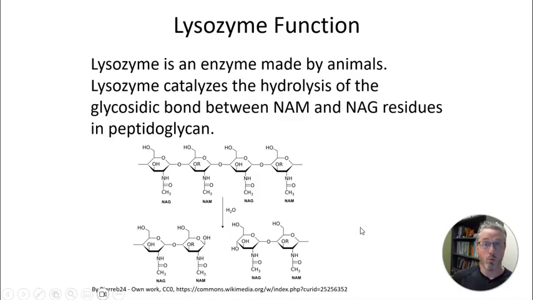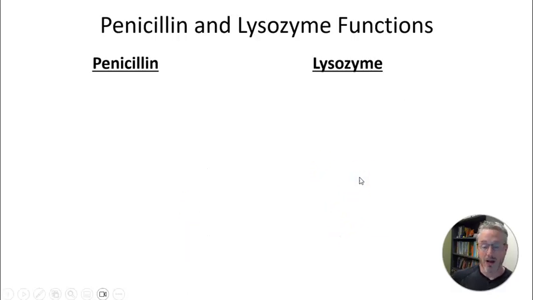Again, that makes the cell wall weaker. A compromised cell wall is not as good at protecting the bacterial cell from lysis, and those bacterial cells are more likely to die. So let's summarize, right? These two chemicals are critically important in attacking bacterial peptidoglycan cell walls, but they work in slightly different ways, right?